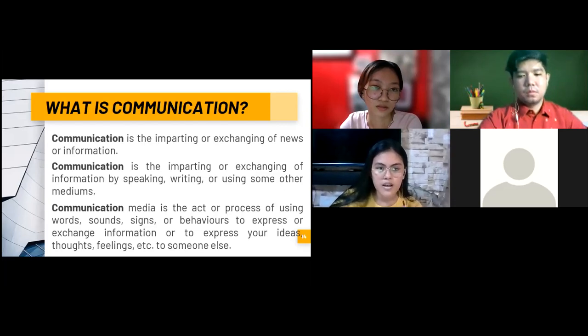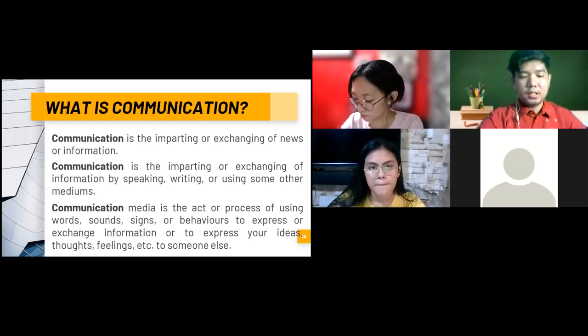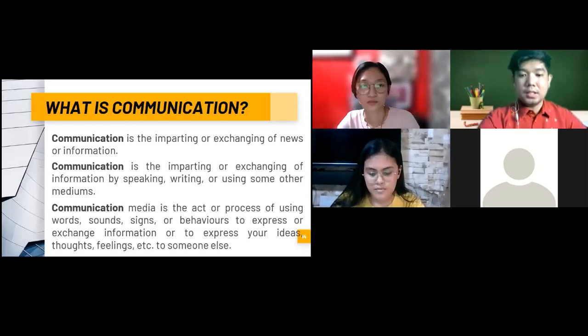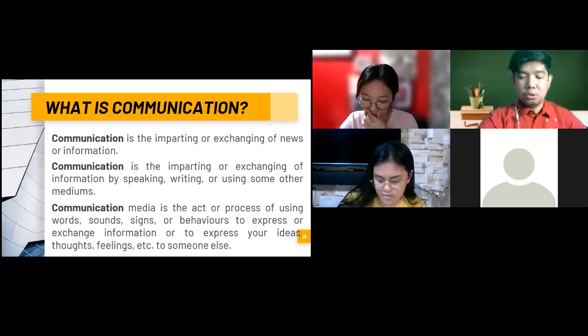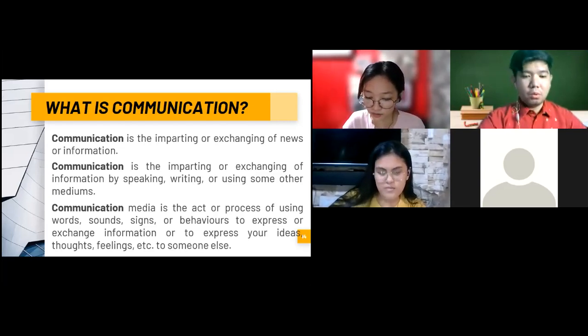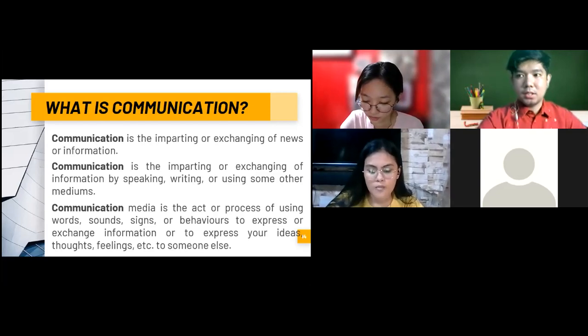It is a way on how we can express our ideas, thoughts, and feelings with other people. That's it. Okay, thank you. So for Miss Dolom, her new definition of communication is still a process, a system using a medium to impart, exchange, or express whatever you want to express.